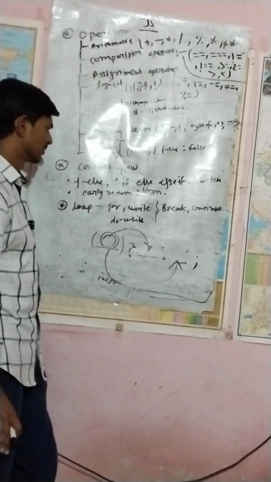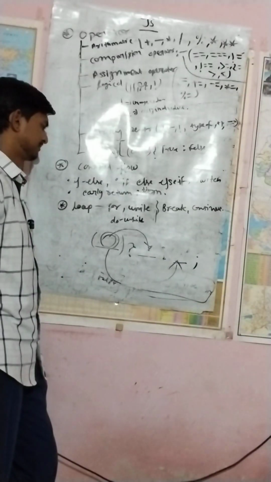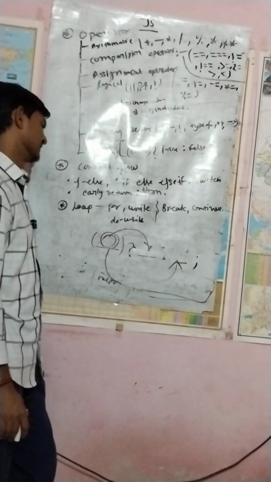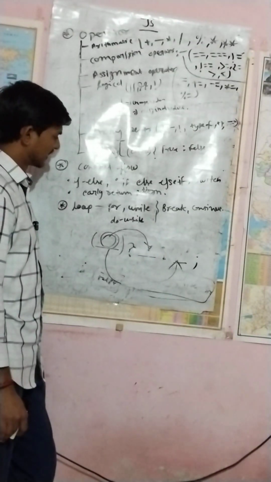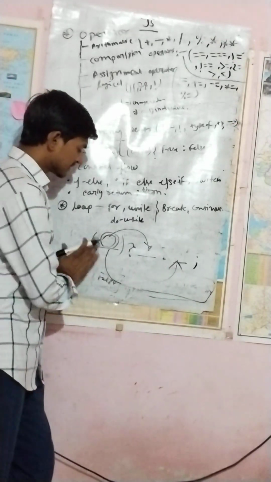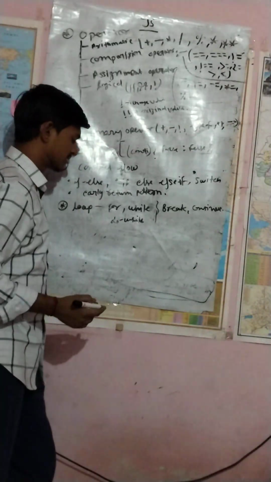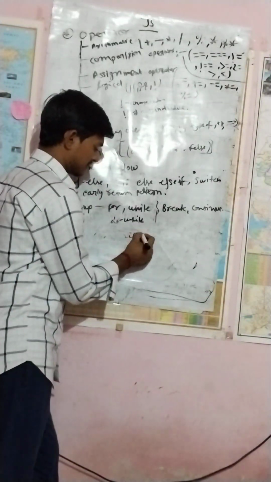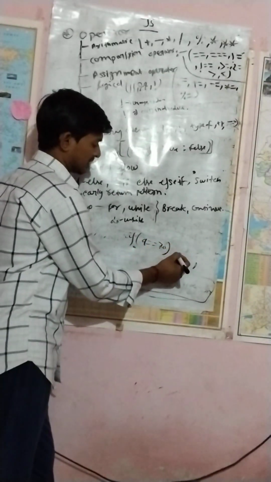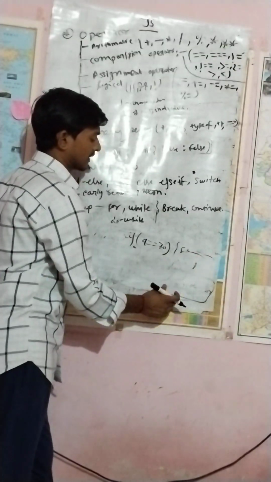Now let's understand control flow. It consists of conditional statements like if, else, and switch, and the early return pattern. Early return pattern is a new term. Suppose you are writing: if a equal to 17, print this, print that.